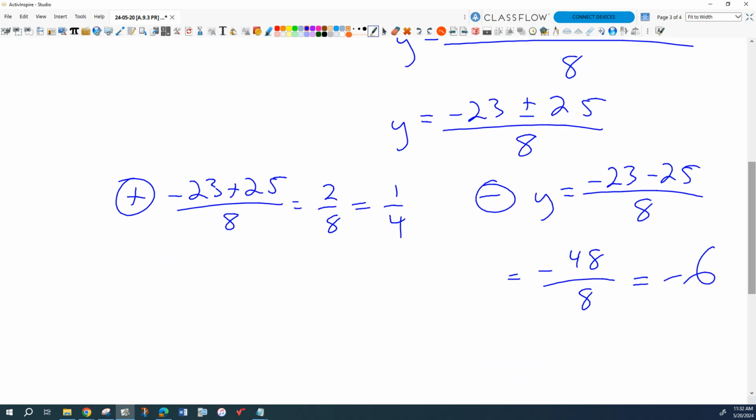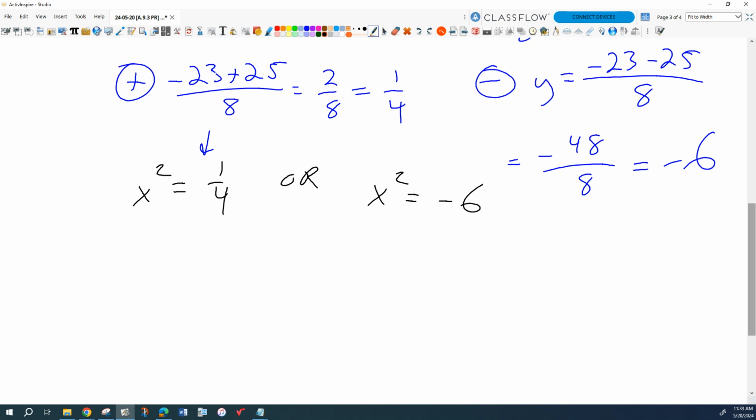So this answer really becomes x squared equals 1/4, or this one becomes x squared equals negative 6, right? So we're not quite done. We have one more step to do to each of those solutions. What's the last step here to get an x by itself? Square root, you got it.